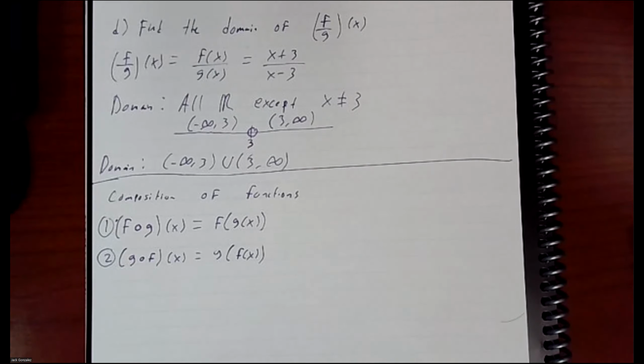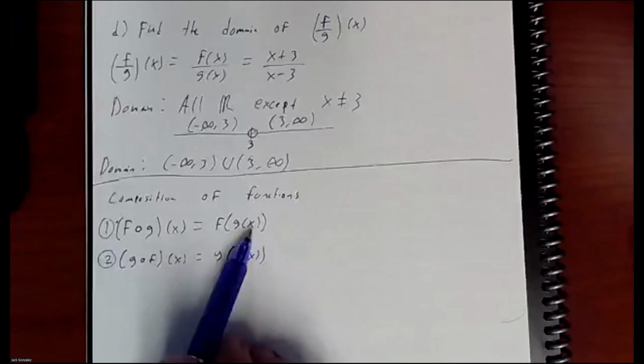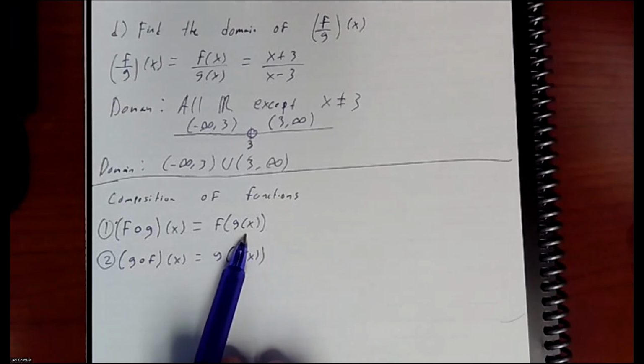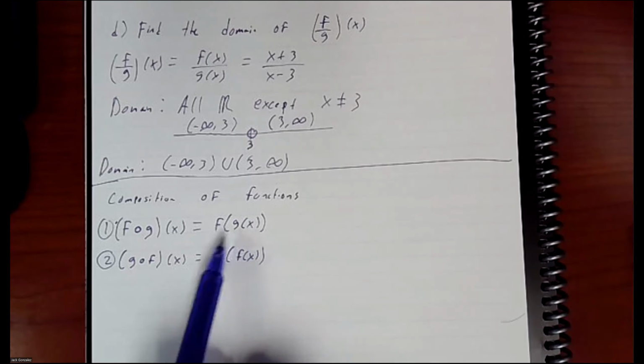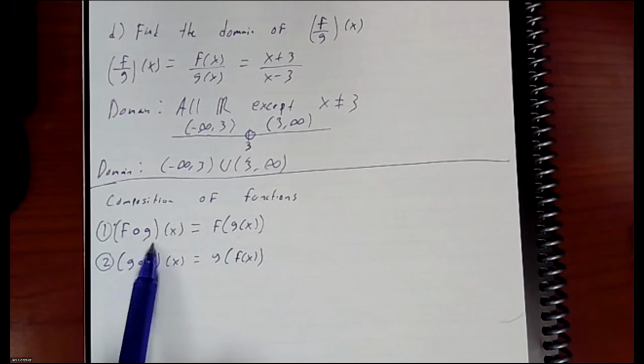The domain of f of g will depend on the g function. So whatever's going inside is the one that's going to dictate what's going to happen to f of g.